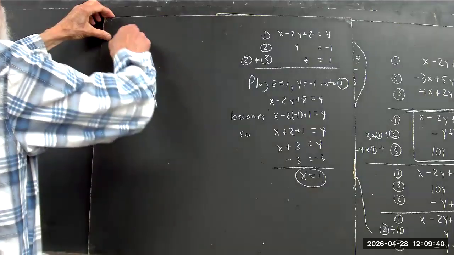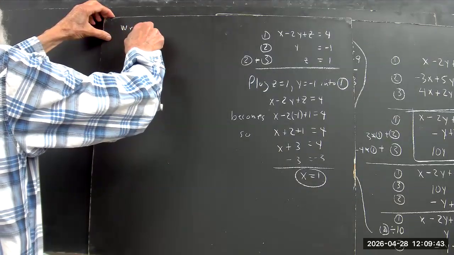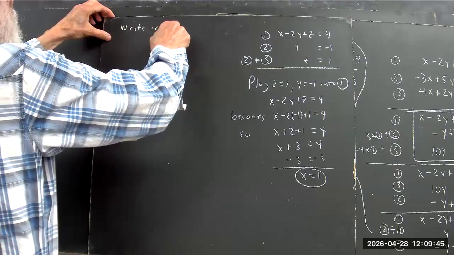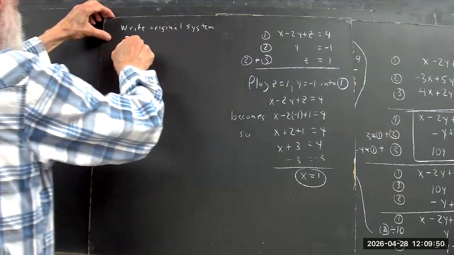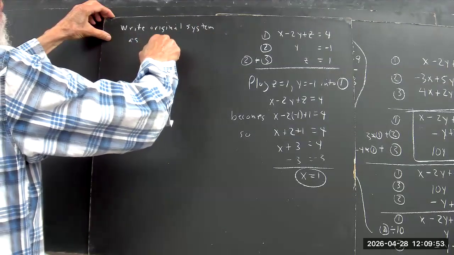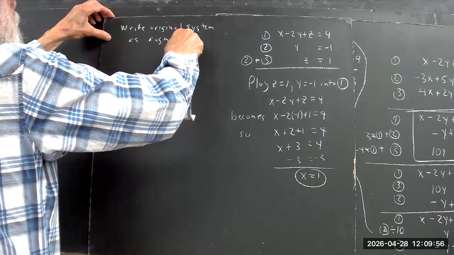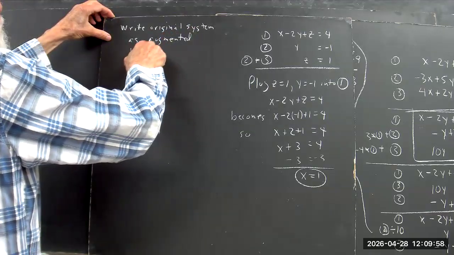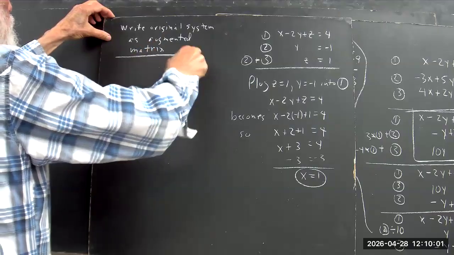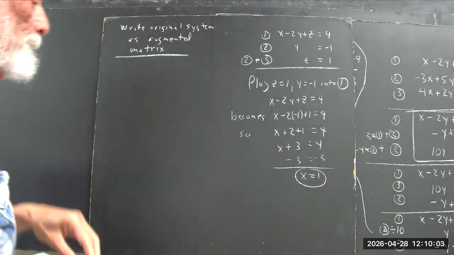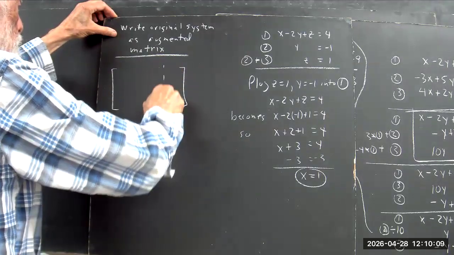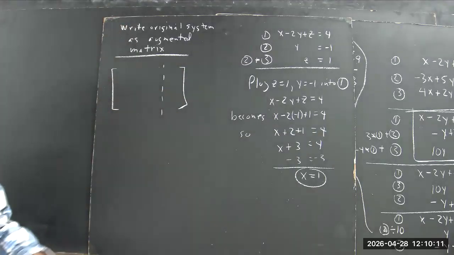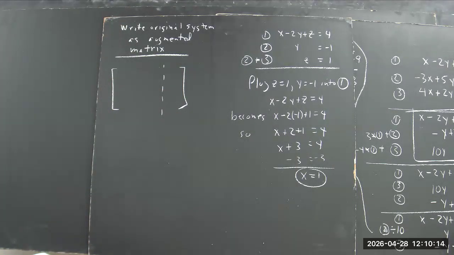Now, can we write the original system as an augmented matrix? Okay, fill in the numbers in the augmented matrix.